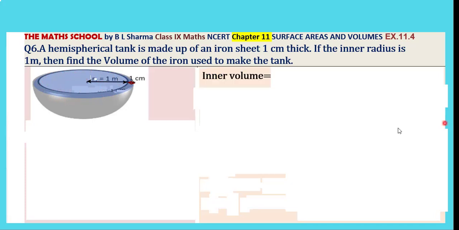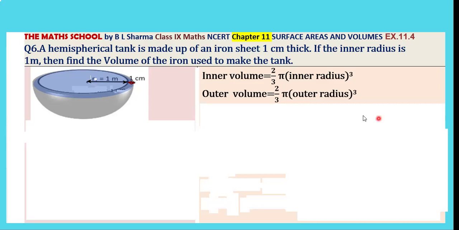inner volume will be, because it is a hemisphere, we have to use the formula 2 upon 3 pi into radius power 3. So 2 upon 3 pi, here radius is the inner radius. Inner radius means 1 meter. And outer volume, the same formula 2 by 3 pi, but outer radius means 1 meter and 1 centimeter.